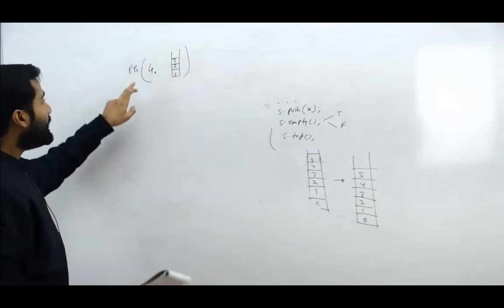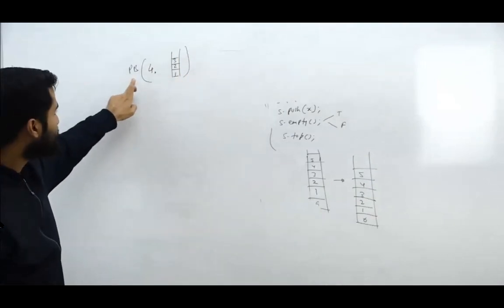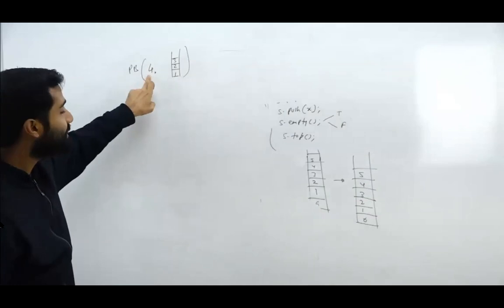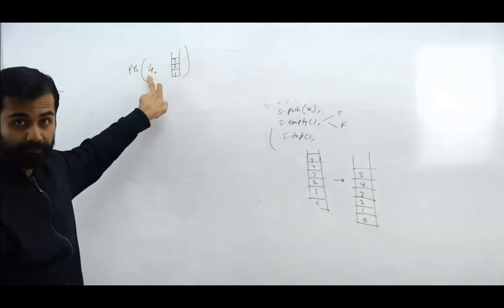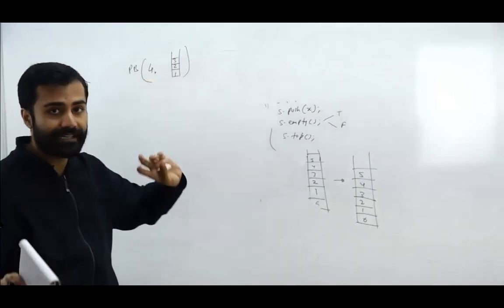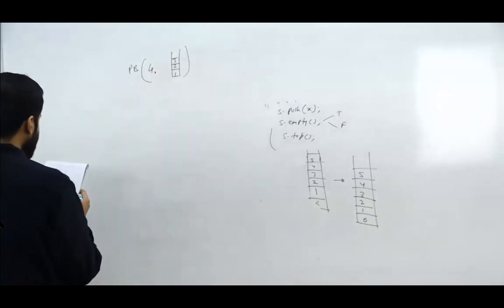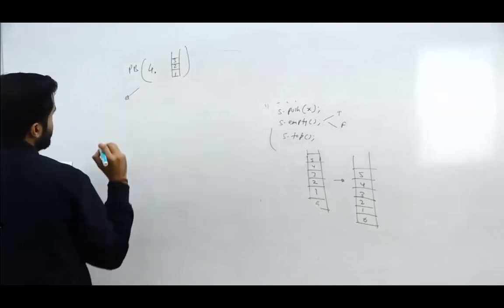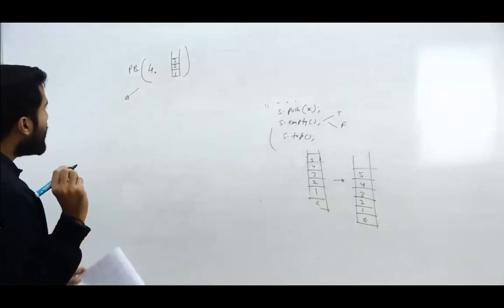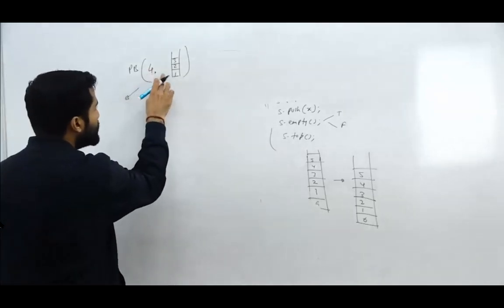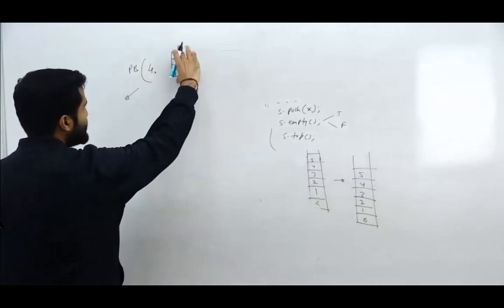Think of it like a function call. There is a function which takes 2 things: the first is an integer which you want to push bottom, and the second is your current stack in which you want to push bottom. I'll say that I cannot push this thing to the bottom until this stack is empty.